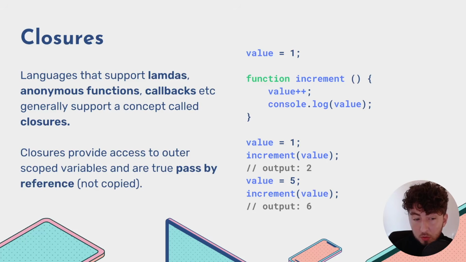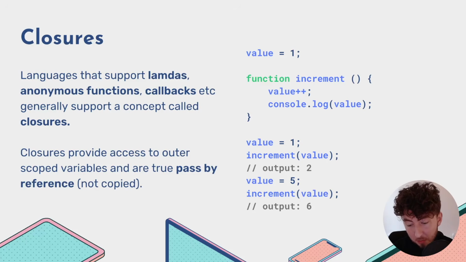It's a true pass by reference in this case. So we don't have a copied pointer or anything like that. So if we were to assign our outer value to undefined, and then we call increment, we would get either an error in some languages or bizarre behavior in something like JavaScript. So yeah, that's something to think about as well.